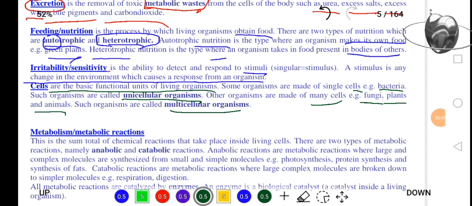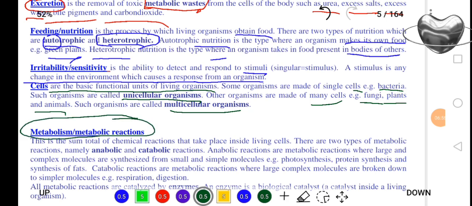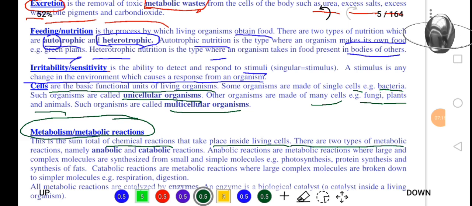Now, those chemical reactions are known as metabolism. Therefore, we are saying metabolism or metabolic reactions is actually the sum total of chemical reactions that take place inside the living cell or cells.